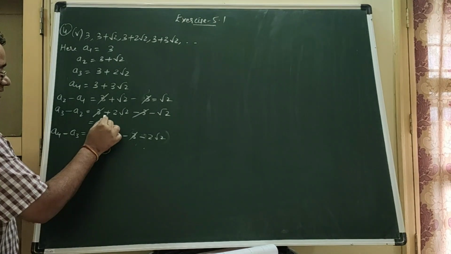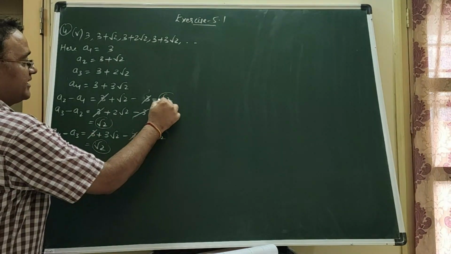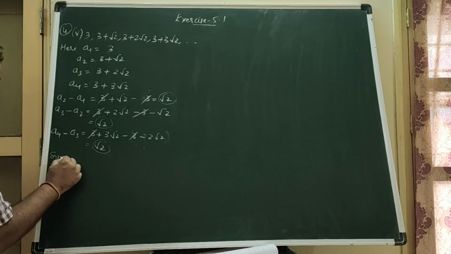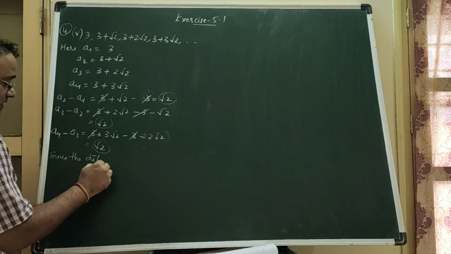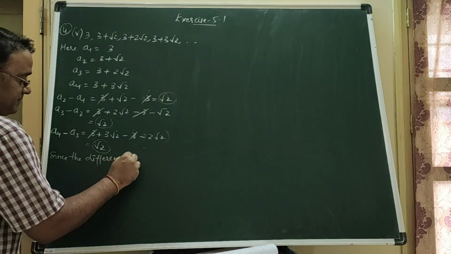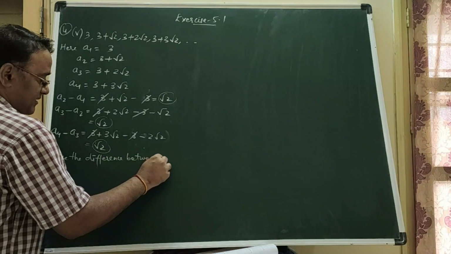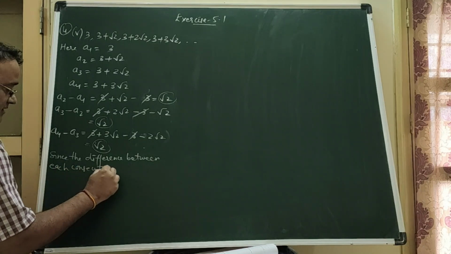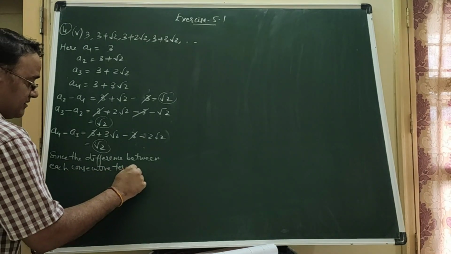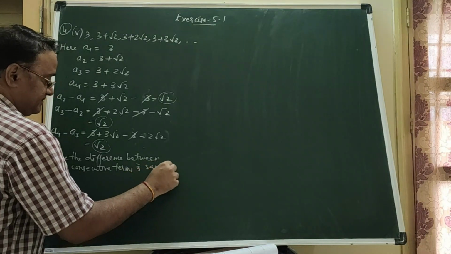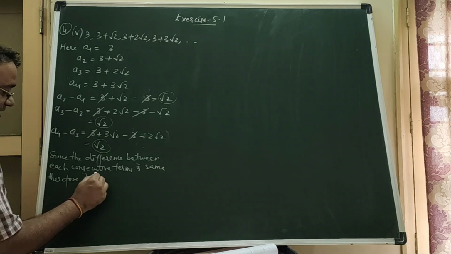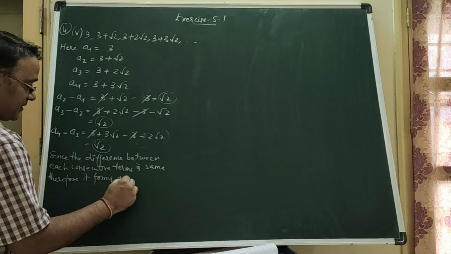So what are we observing? The difference between each consecutive term is the same. So, since the difference between each consecutive term is the same, therefore it forms an AP.